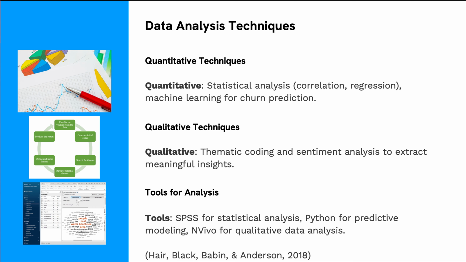That's a data scientist's job too. And thematic coding and sentiment analysis to abstract behavior patterns. That's what I said before. Normally data analysts or data scientists will be using SQL, SPSS for statistical analysis, or maybe Python for predictive modeling.